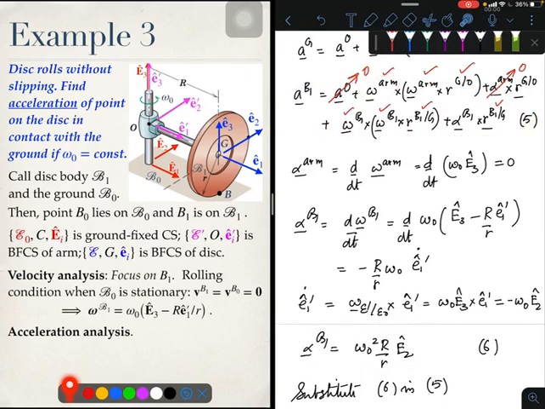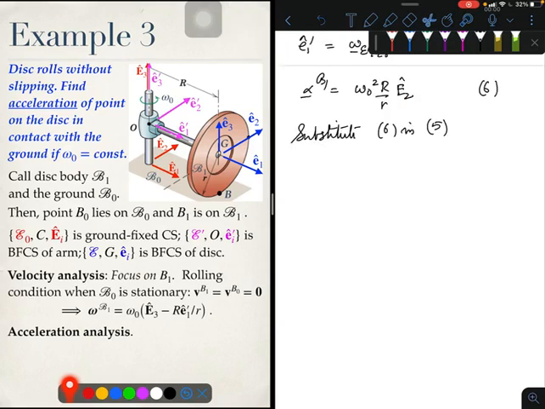Substitute for omega r, substitute for omega b1, substitute for alpha b1, substitute for the vector r b1g, substitute for the vector rgo. When you do that, we get the answer which is shown here on the left. The acceleration of b1 is found to be omega 0 square r upon small r (e3 minus e1).